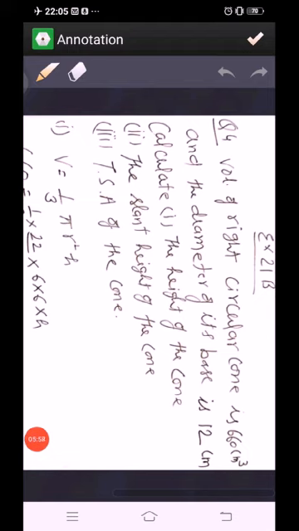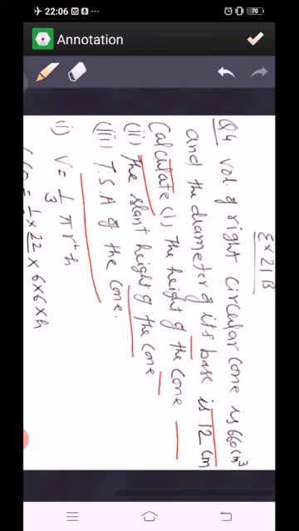Let us start exercise 21b, question number 4. The volume of a right circular cone is 660 centimeter cube and the diameter of its base is 12 centimeter. Calculate the height of the cone, the slant height of the cone and the total surface area of the cone.